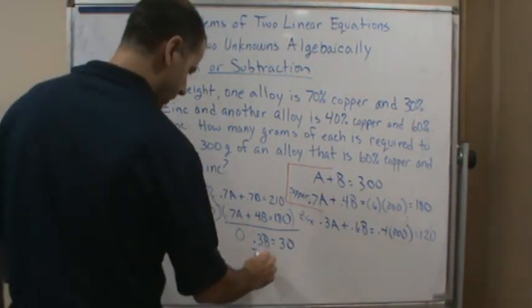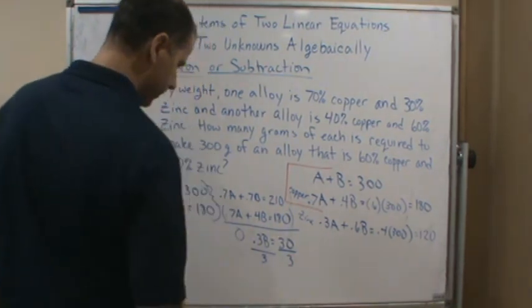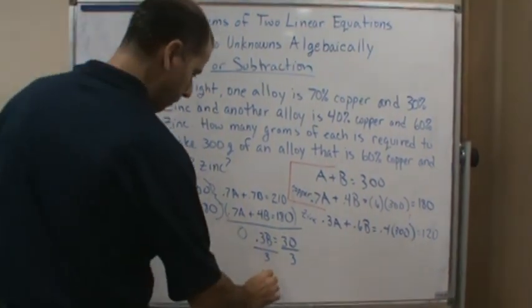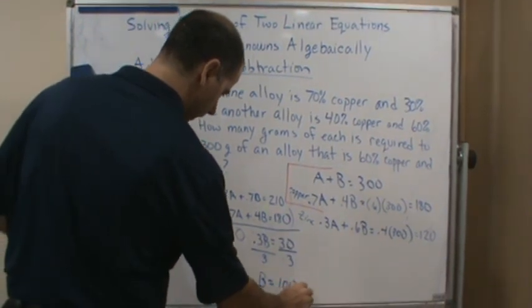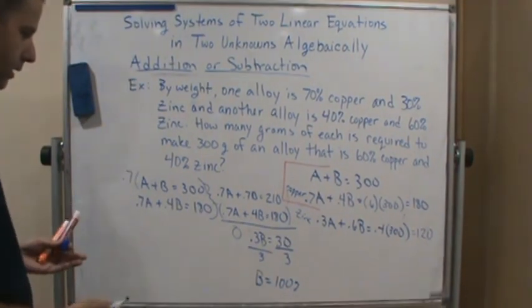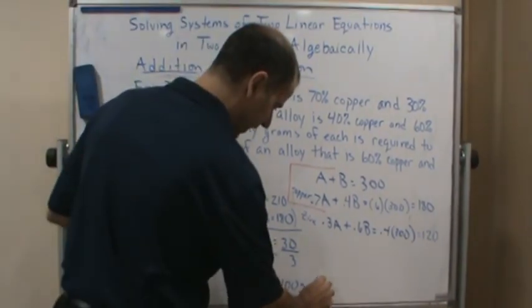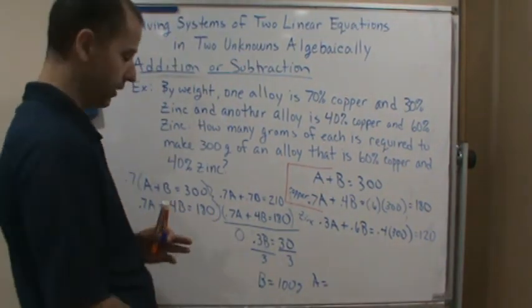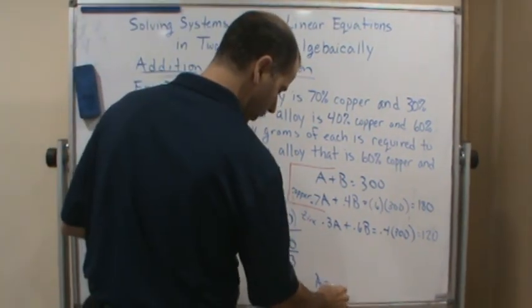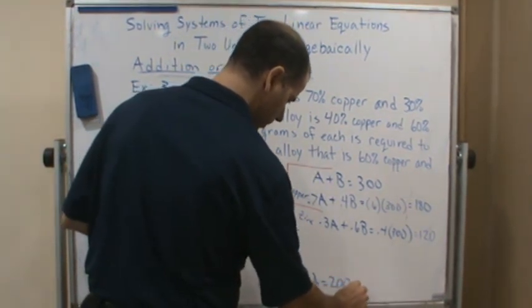And so if I divide both sides by 0.3, what do you get? B equals 100 grams, which means, how much of alloy 1 do I need? Well, the amounts have to add up to 300. So that means alloy A, the first alloy, has to be 200 grams.